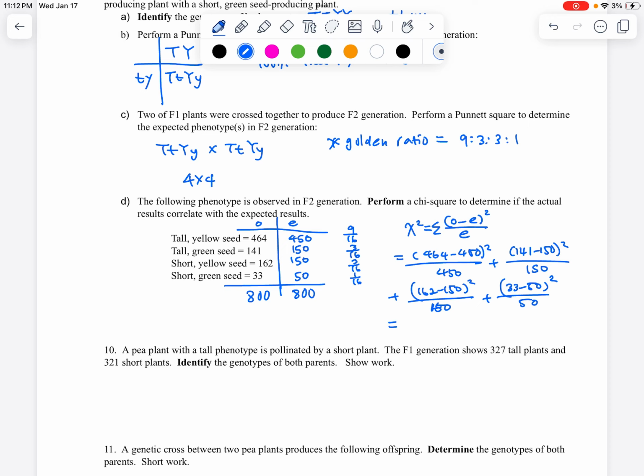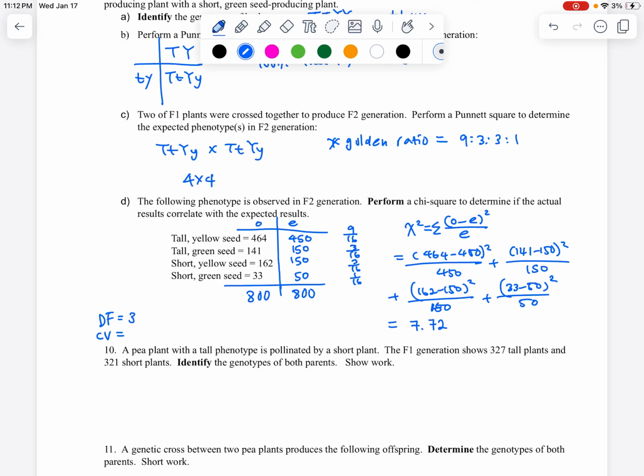And now you should put this into your calculator. Okay, I got 7.72 as my chi-square value. And since there are 4 possible outcomes, my degree of freedom is 3.